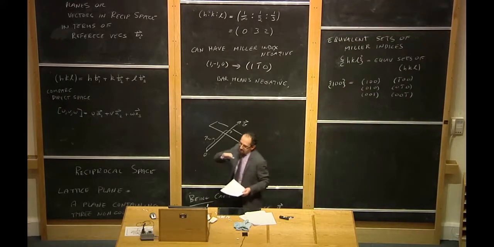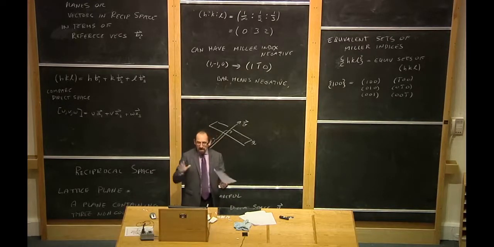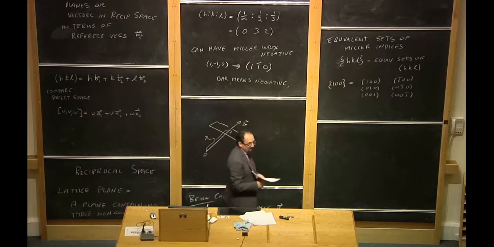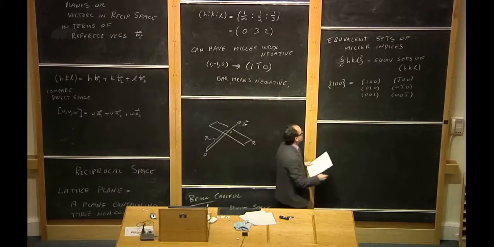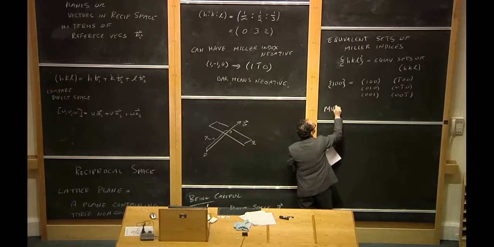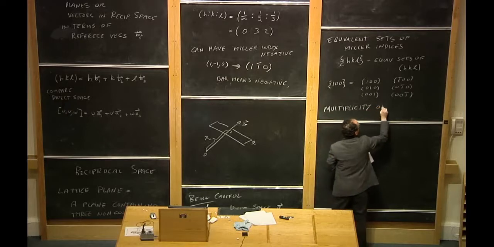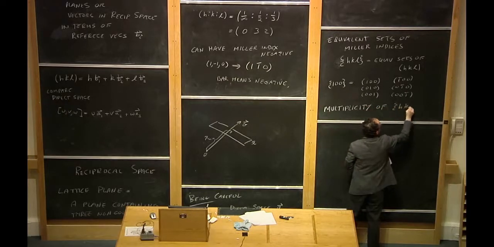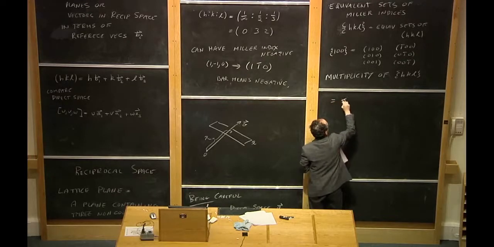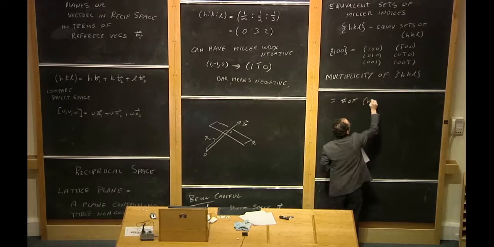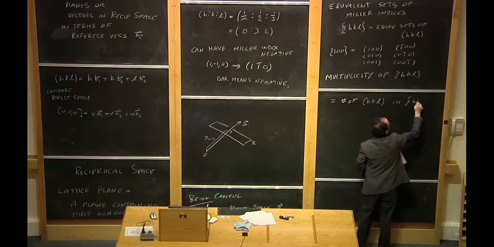Not coincidentally, these planes look like the surface of a cube, and you can pick up the surface of a cube and look at it 6 different ways, and it would look equivalent from all of those 6 different angles. We also have what's known as the multiplicity of {HKL}, which is the number of (HKL) in the curly bracket {HKL}.